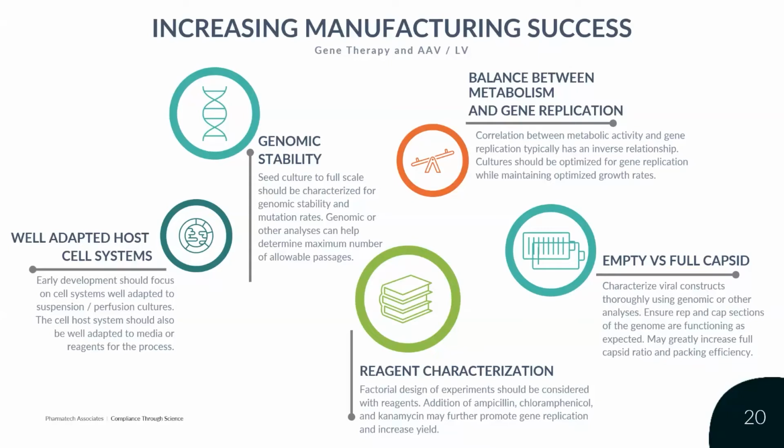So depending on the local environment, whether or not the bases A and T are highly represented in the genome, basically indicating higher genomic instability as compared to C and G, which are much more stable bases, that can give you an idea of how many passages you can ultimately run these cells through, and there's a ton of other ways that you can characterize that.